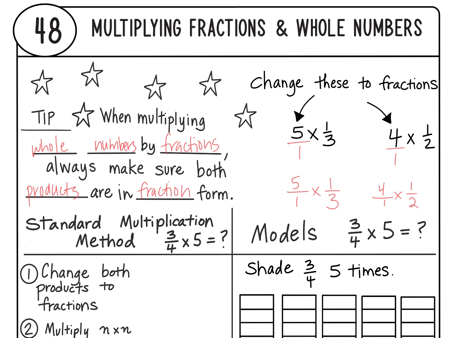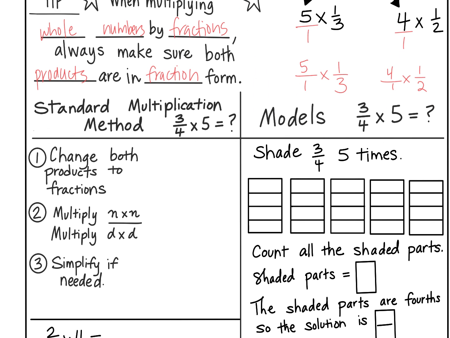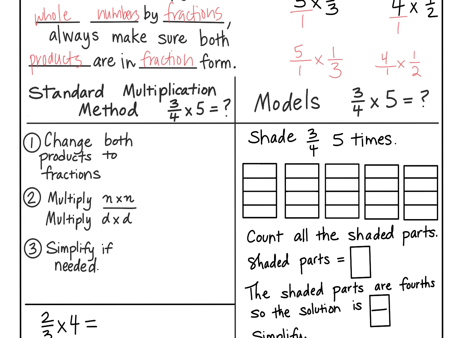Now, if I'm looking at these two problems here, it's the same exact problem. I have 3/4 times 5, but it says standard multiplication method versus models, because you need to still know and understand how the models work and represent the fraction multiplication as well. So over here in the standard algorithm method, it gives me my steps: change both products to fractions, and then multiply numerator times numerator, then multiply denominator times denominator, and then simplify.